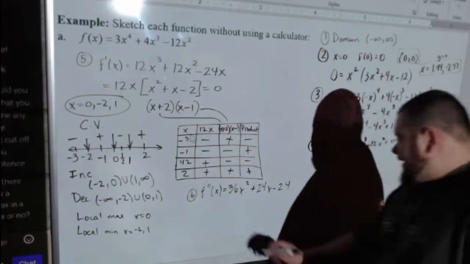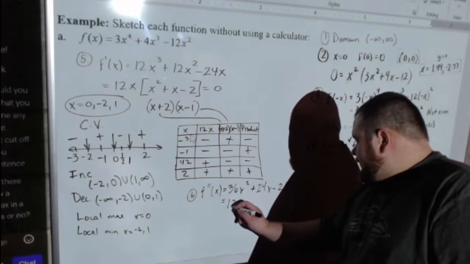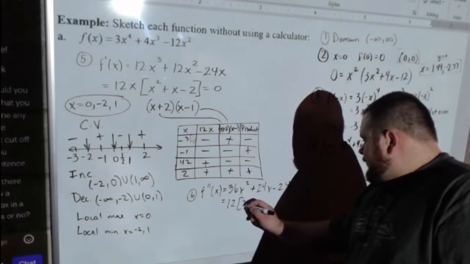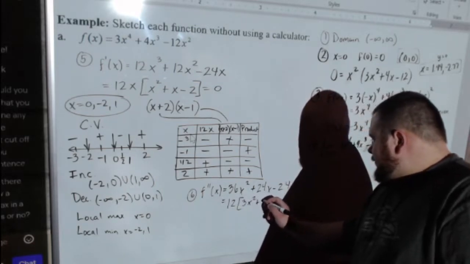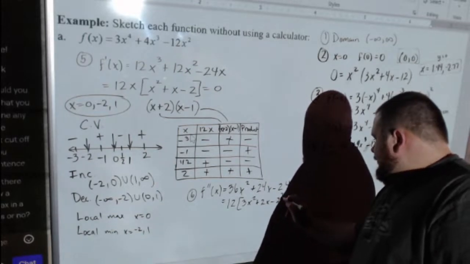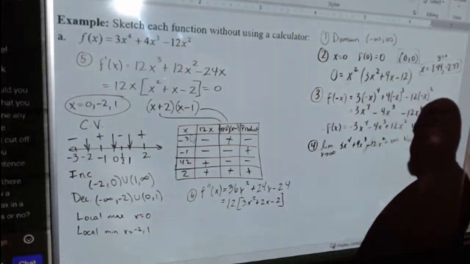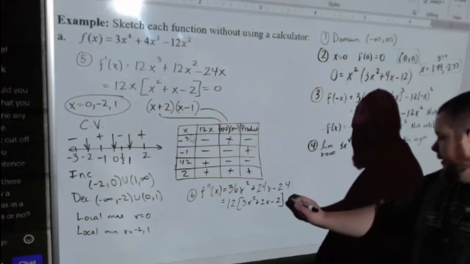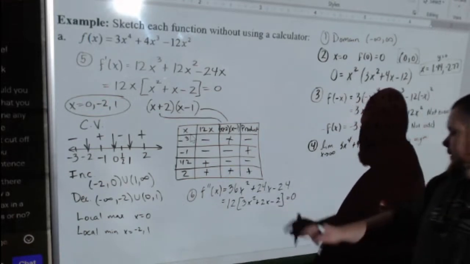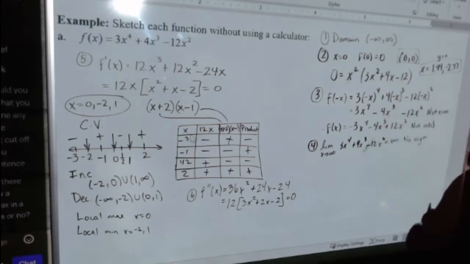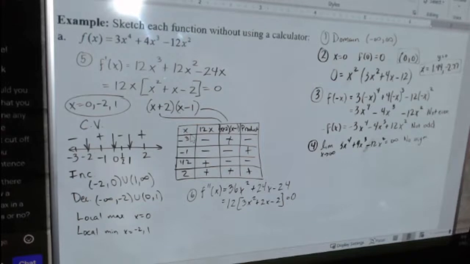So again, I should be able to take out a 12. And again, I'm setting this to 0, so I need to try and factor this again. I would need two numbers that multiply to -6 and add to 2. I don't believe that's going to work.